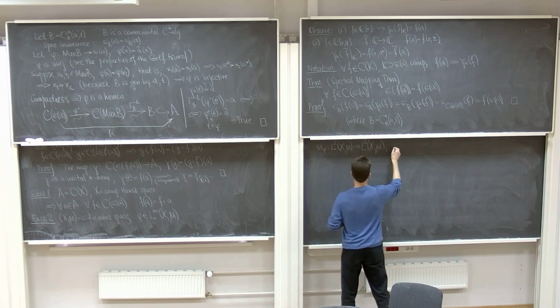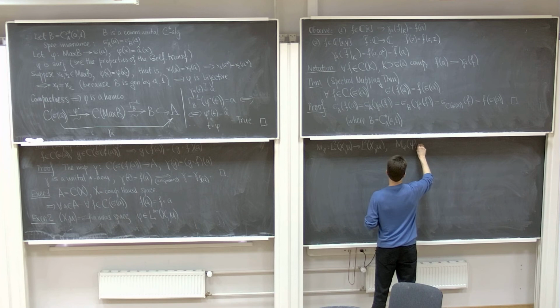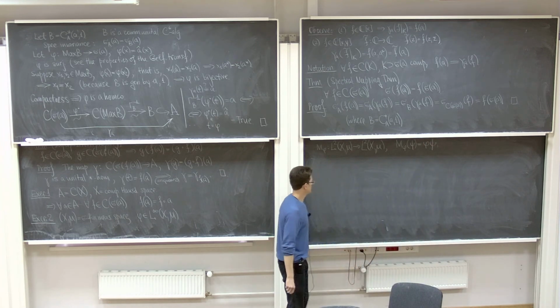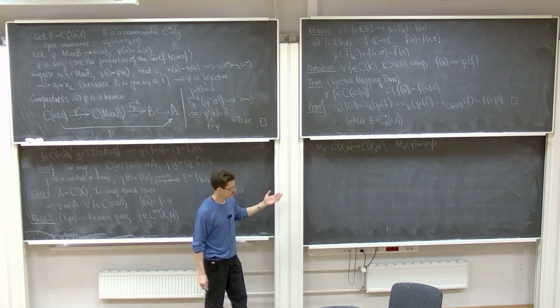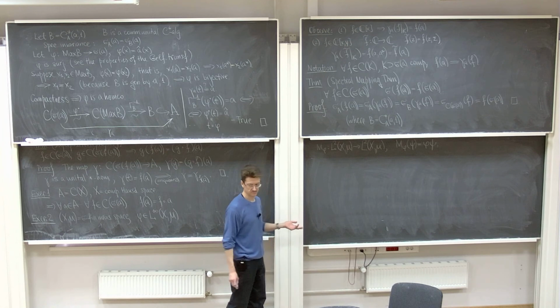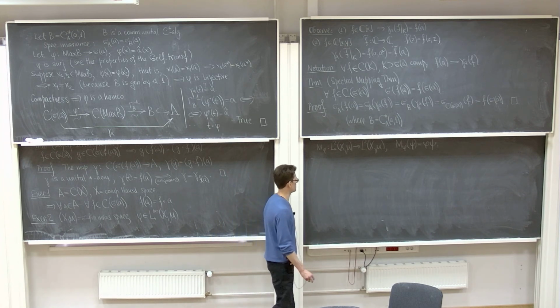This is the multiplication operator which takes each L2 function psi to the product of phi and psi. This is easily seen to be a normal operator. The adjoint operator is the multiplication by the complex conjugate function, and clearly two such operators commute. So it's a normal operator.